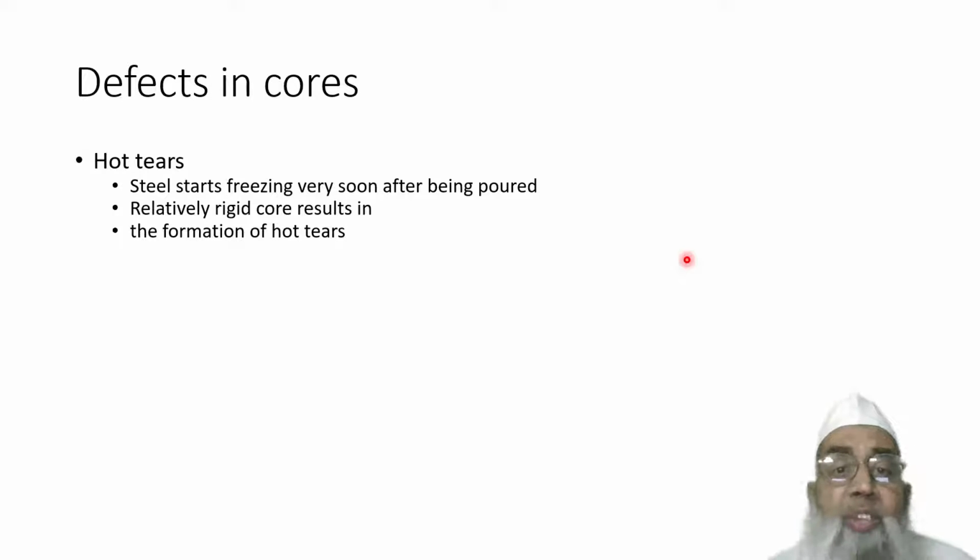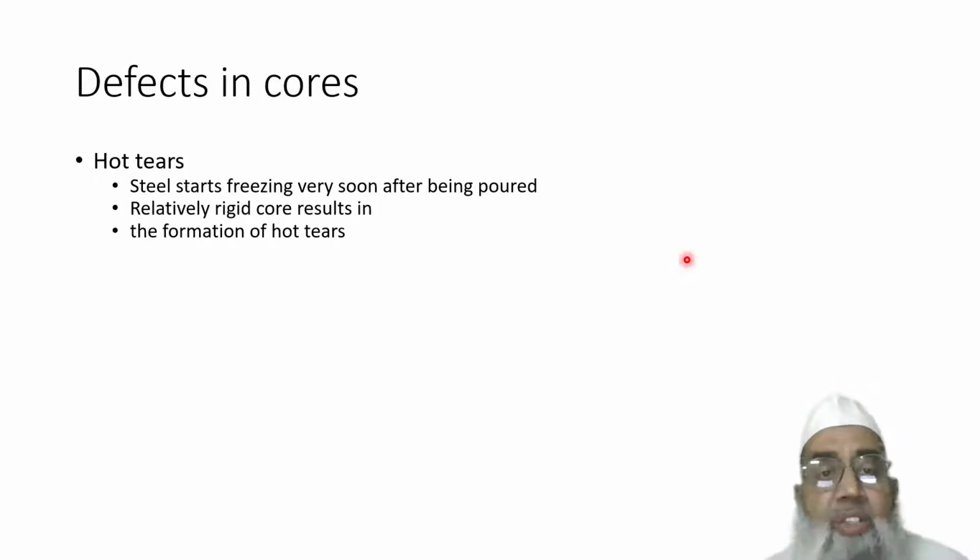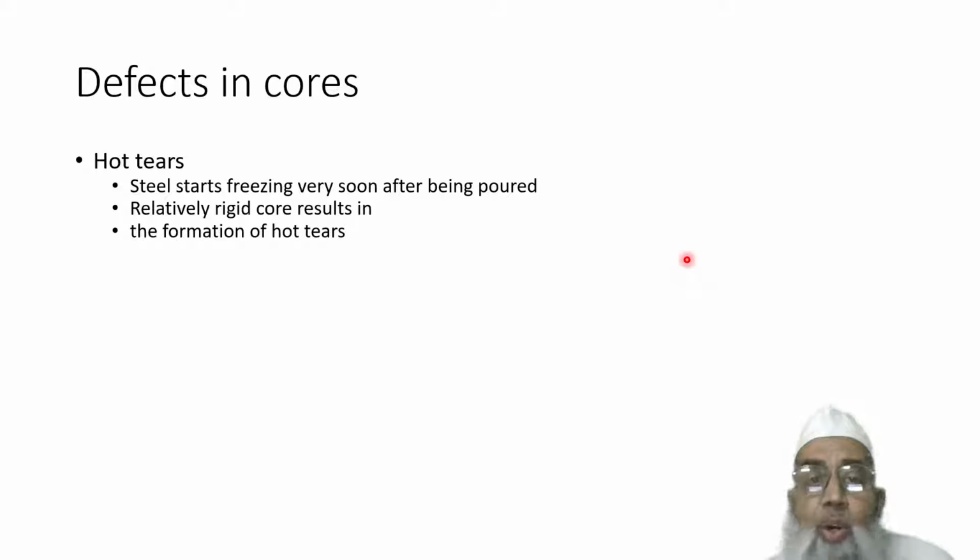Now steel starts freezing very soon after being poured in the mold cavity. Freezing takes place, and a relatively rigid core will cause hot tears to form.